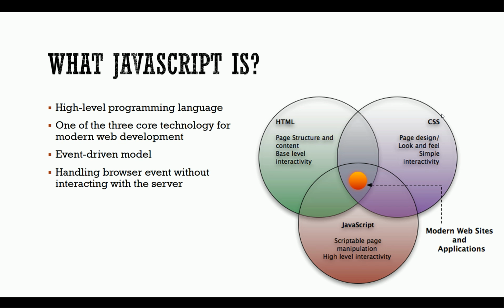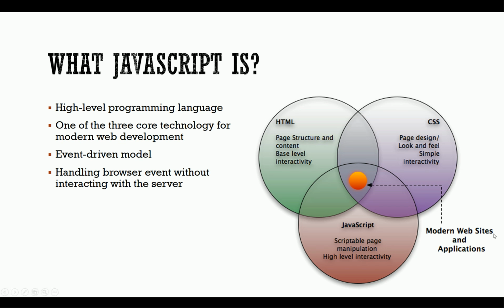So this makes the page scriptable and manipulates high-level interactions in your website. For example, when we enter information in a form, it can help to validate the form. It can also do a lot of animation. And people even write games using the JavaScript language.